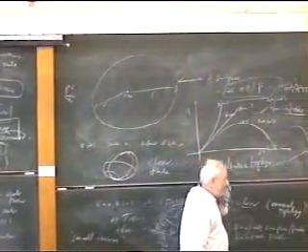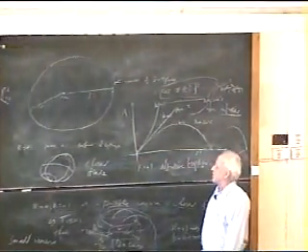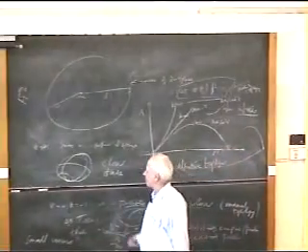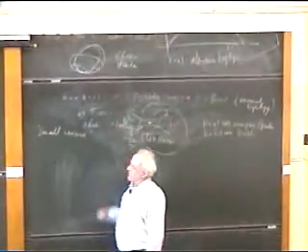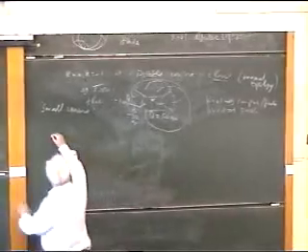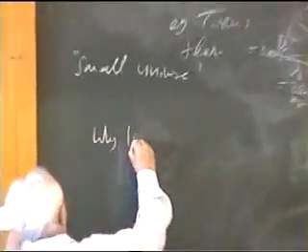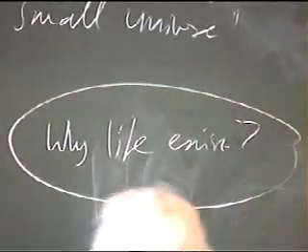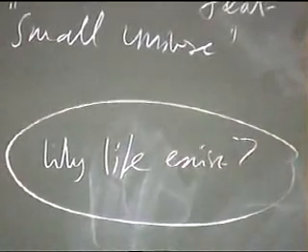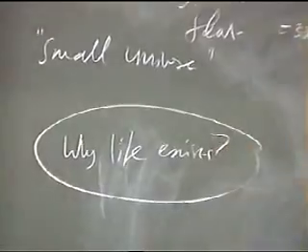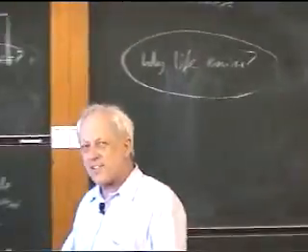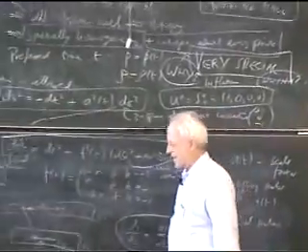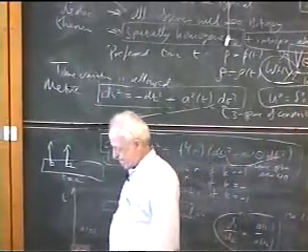And there is an interesting gloss on this. One of the underlying questions in cosmology is, why does life exist? Now, you may or may not think that's a question of cosmology, but if you pursue cosmology for long enough, one of the questions cosmologists want to answer is, why is the universe such that life can exist?